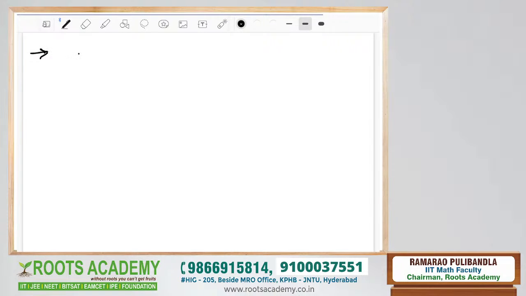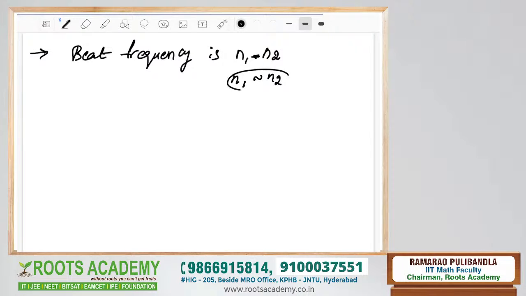The amplitude is not constant for these beats, but changes with time. The beat frequency is n1 minus n2, where we consider the two frequencies to be nearly equal, and the difference gives us the beat frequency.